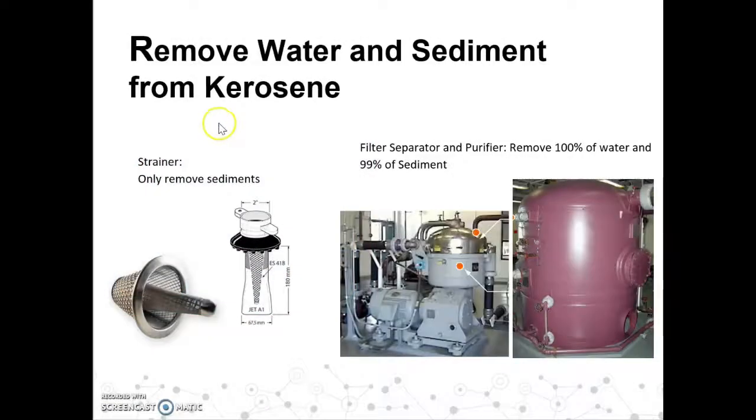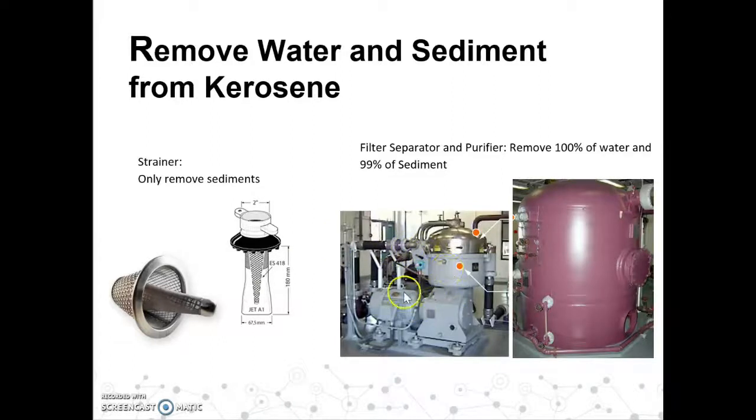There are 7 ways to remove water and sediment from kerosene. The first one is using a strainer, which is the most common one. But this only removes sediment, it cannot remove any water from the kerosene.